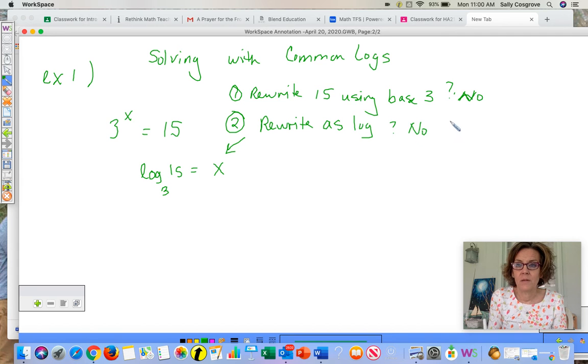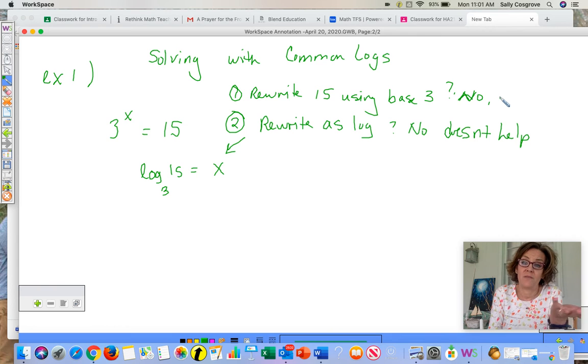So why was the no up here? It's not possible. We can't rewrite 15 using base 3. So the two ways that we know how to solve this, now we're presented with a problem like, well, those don't help me. So now what? Okay.